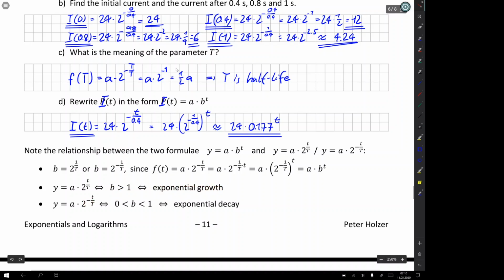If I have a minus here, 2 to the power of minus 1 divided by T, well, I'll get 1 divided by this. Since this we said before would be larger than 1, now 1 divided by it, I get something between 0 and 1. So that's the reason why this is exponential decay.